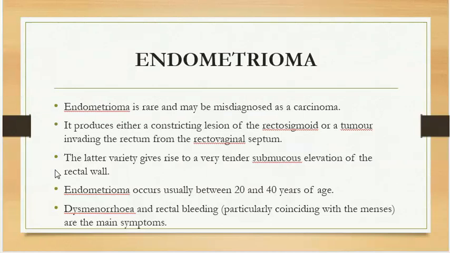Endometrioma occurs usually between 20 and 40 years of age in females. Dysmenorrhea and rectal bleeding, particularly coinciding with the menstrual cycle, are the main symptoms of endometrioma.